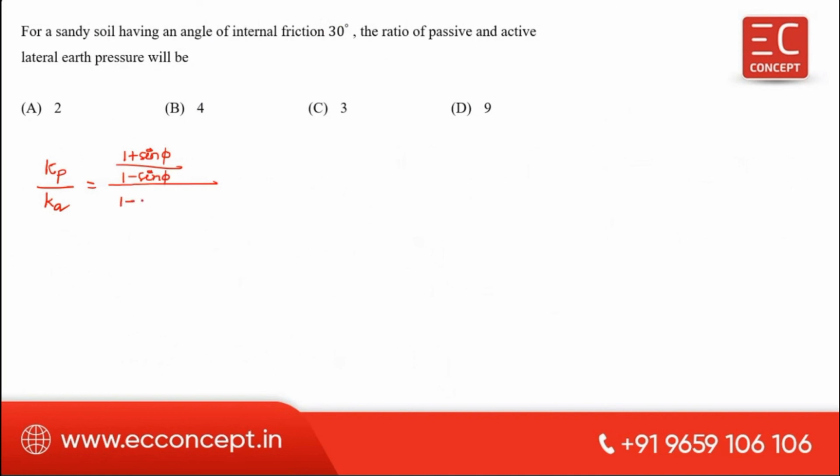What is Ka? 1 minus sine phi divided by 1 plus sine phi. If you substitute the value, here you will get 3, and for this you will get 1 by 3. So the answer is 9. So the answer for this question is 9. I hope you understood, right?